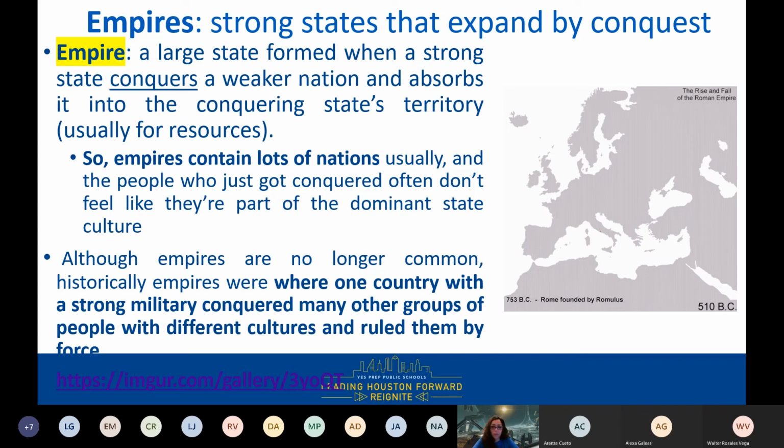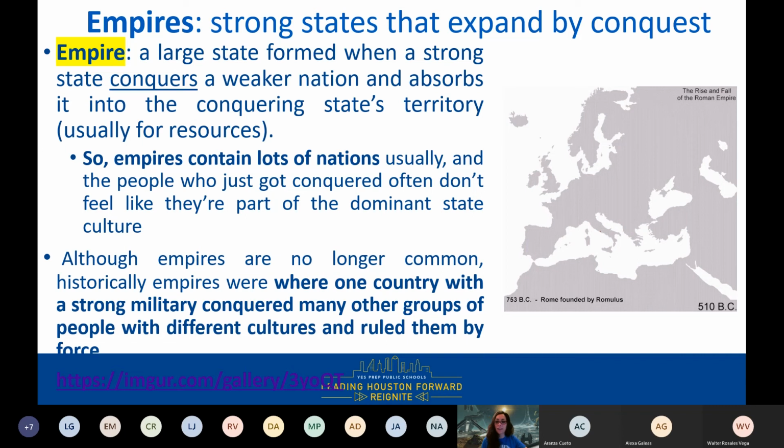So empires are strong states that expand by conquest, by taking over other nations and their stuff, by force, usually. And if you look up on the slide, you'll see the Roman Empire rising and growing, expanding by conquest. Empires don't expand into vacuums usually. They usually expand into places that other people live, so they take over other places.